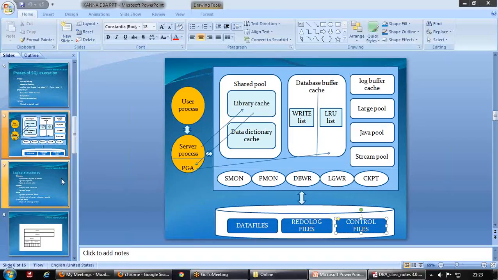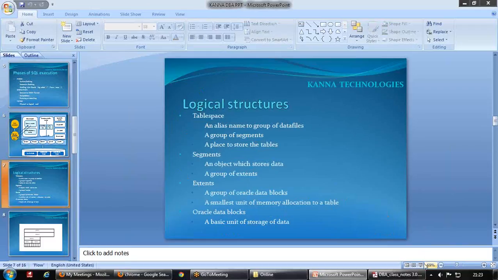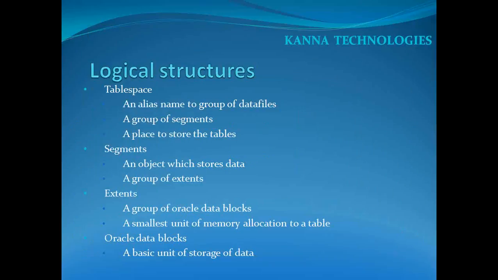But apart from physical structures, the database also contains logical structures. To understand the next topic, we first need to understand what a logical structure is and why it takes place. So let us have a look at that. There are totally 4 types of logical structures, and when I say logical, definitely these cannot be seen by the eye.